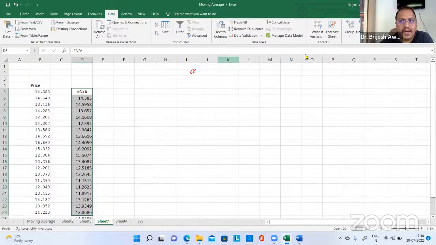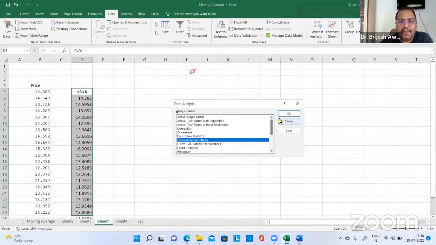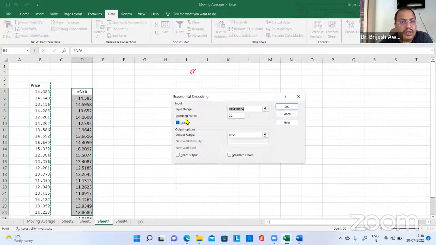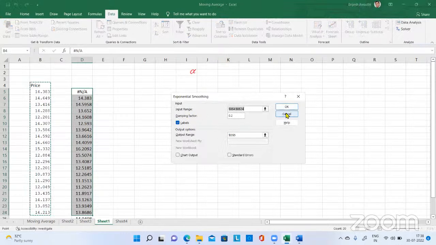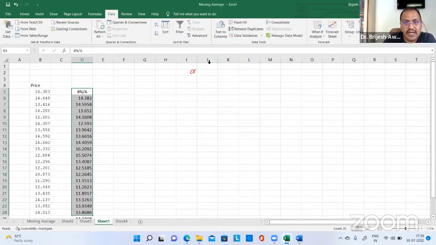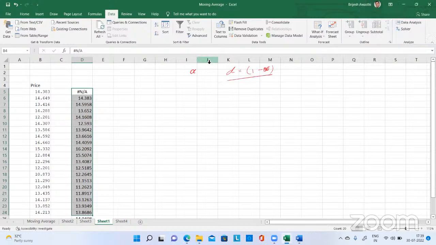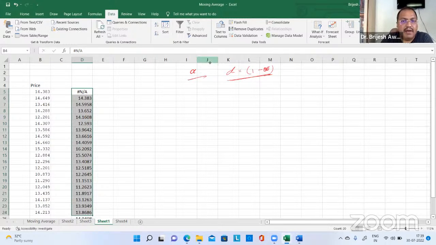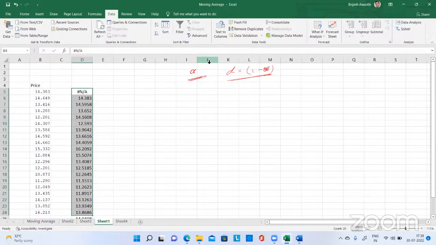Agreed? When I apply exponential smoothing, there is the damping factor. Yes or no? The damping factor is D. D is basically 1 minus alpha. Is that clear? Yes, sir. This is alpha. And alpha is basically the smoothing coefficient, the smoothing factor. Yes, sir. Right.